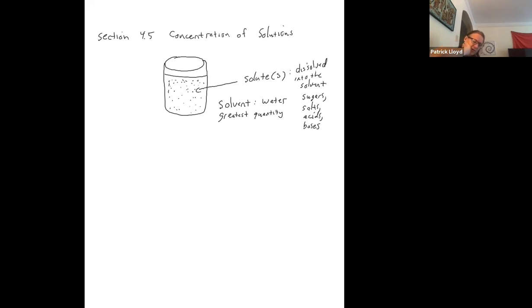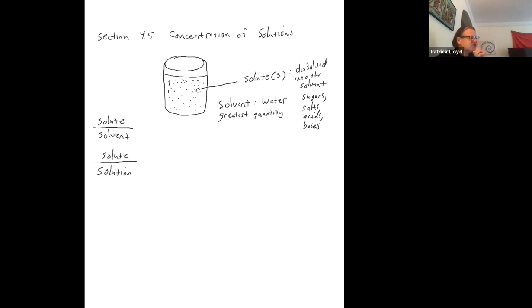Okay, so the question then is, how concentrated is the solute in the solvent? So normally what we do is a ratio. We do the amount of solute divided by the amount of solvent, a division, a fraction, or the amount of the solute divided by the entire solution, everything that's in the mixture.